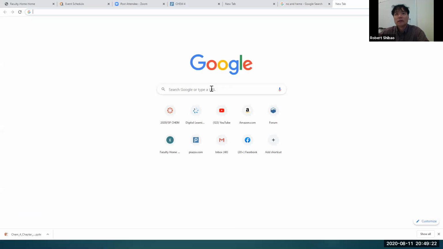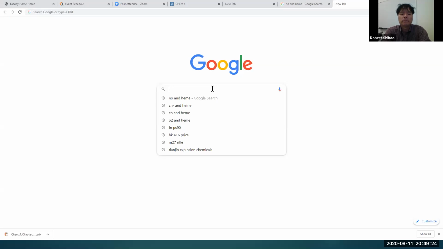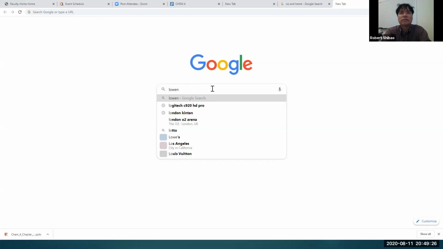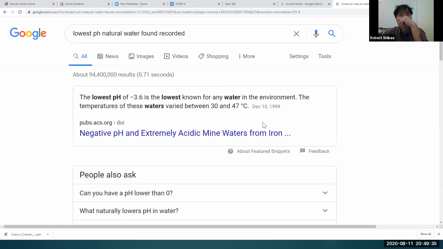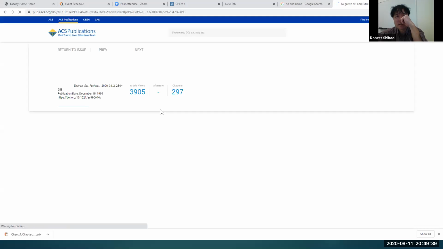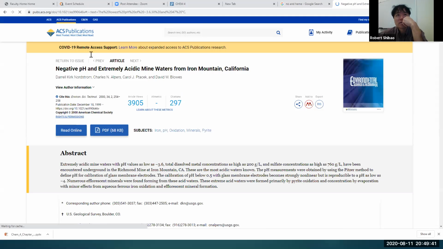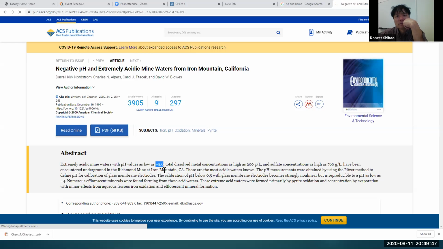Let's see. The lowest pH natural water recorded is around -3.6. That's extremely acidic. Negative pHs are extremely acidic, -3.6.